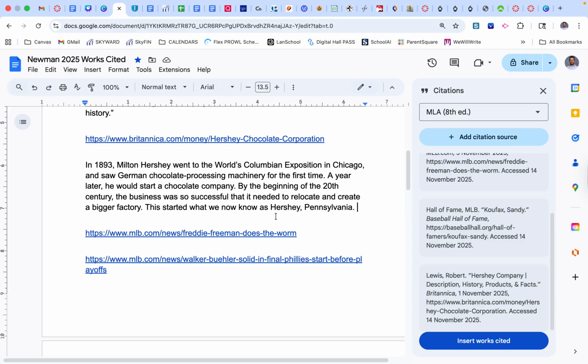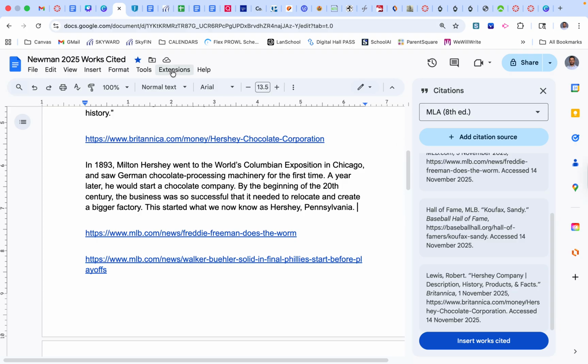So then whatever you wrote about, whatever you quoted, you need to find that cite that you used. So I just quickly wrote up a write-up on Hershey chocolate because we used that as one of our examples. And so here's my write-up, but I still have to tell them where I got this from.